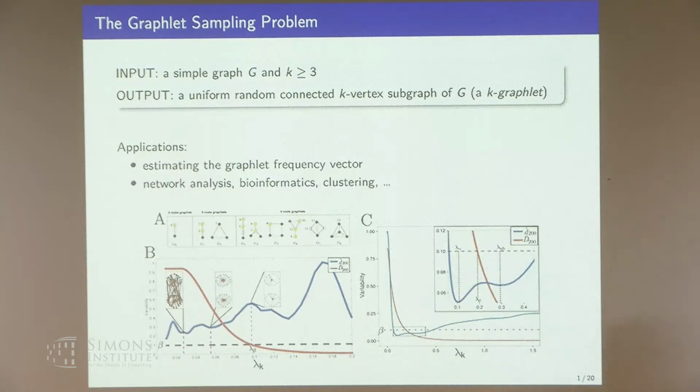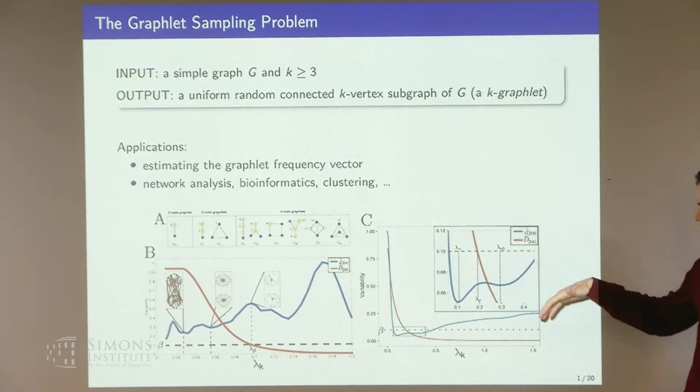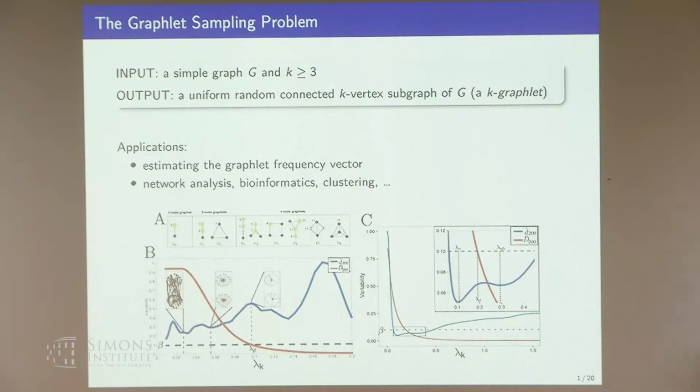This has been brought to fame by several people in bioinformatics, because they discovered that the frequency spectrum of these graphlets, these connected k-vertex subgraphs, gives a lot of information about biological networks, for instance in protein-to-protein interaction networks.